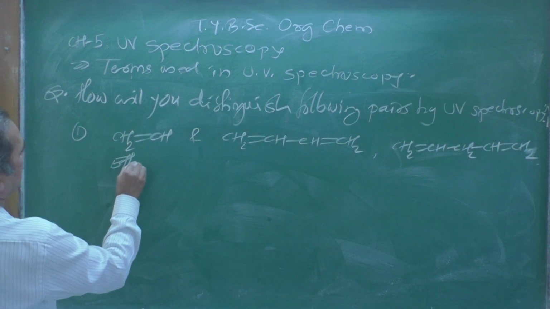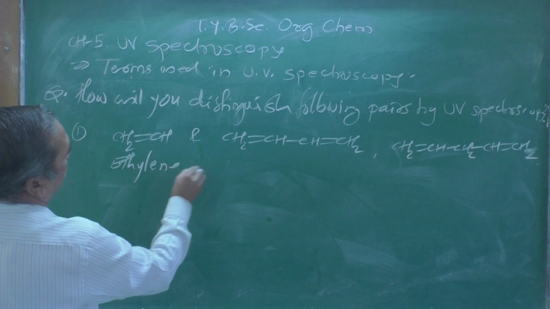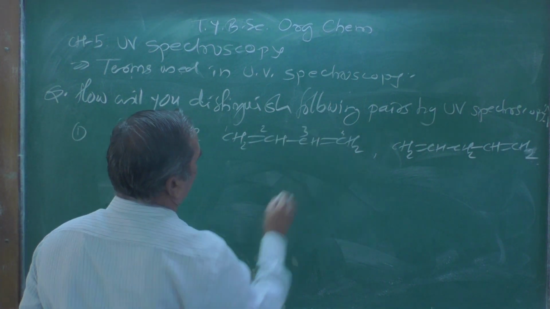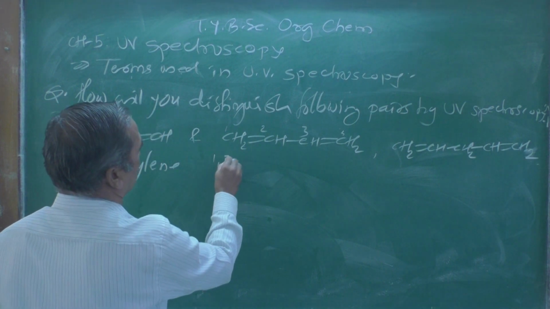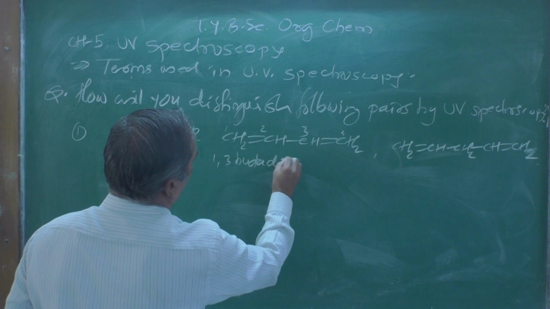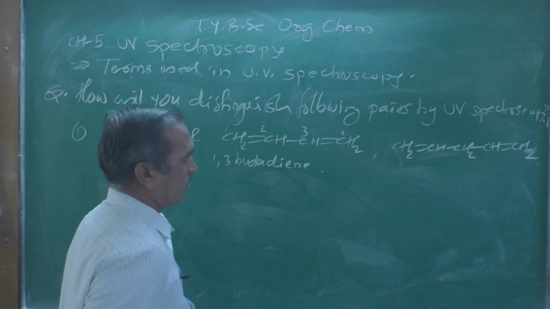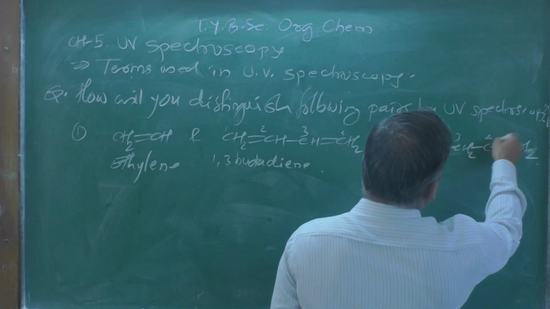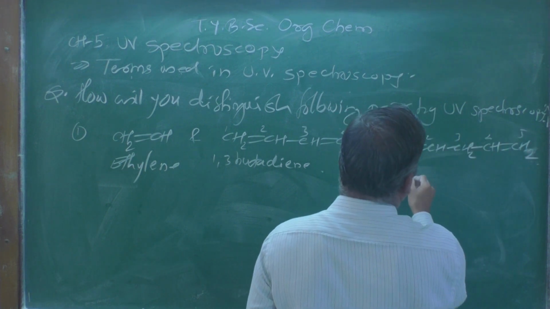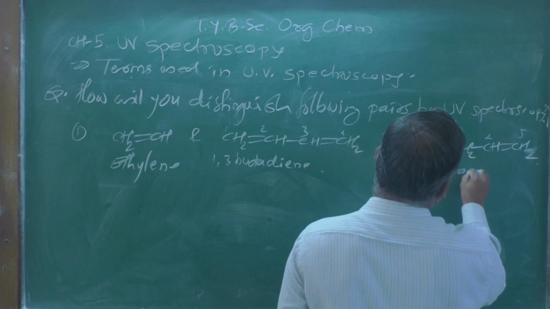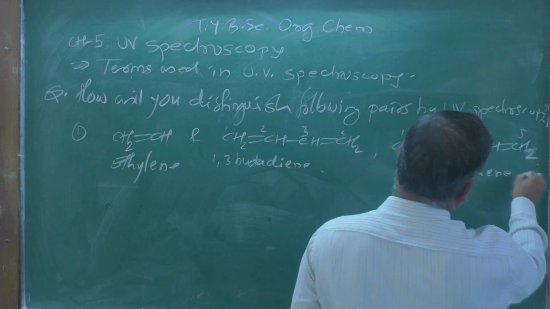The second, 1, 2, 3, 4, is a diene system, that is 1,3-butadiene. And the third, 1, 2, 3, 4, 5, is known as 1,4-pentadiene.